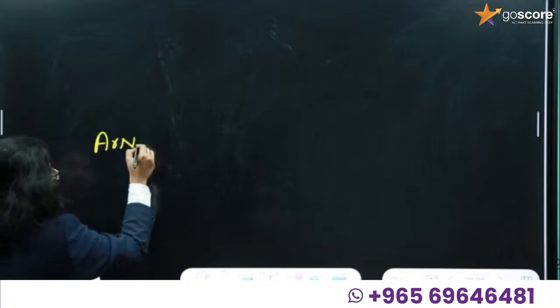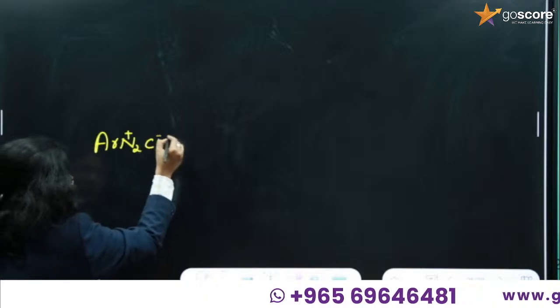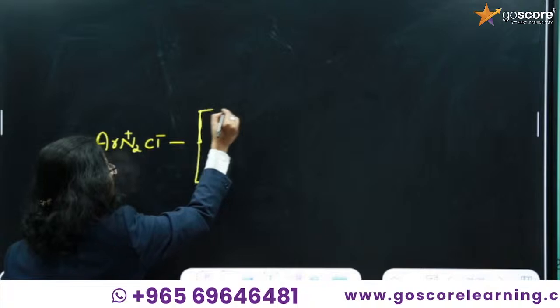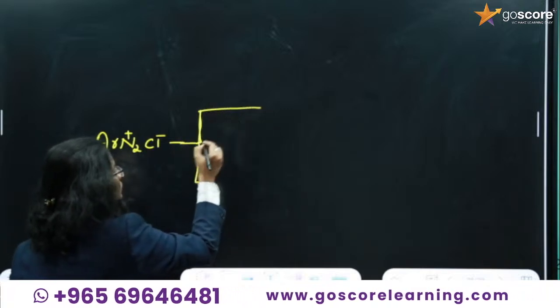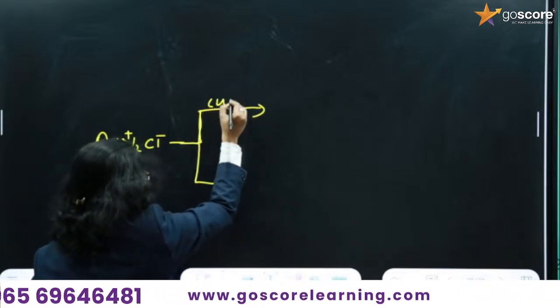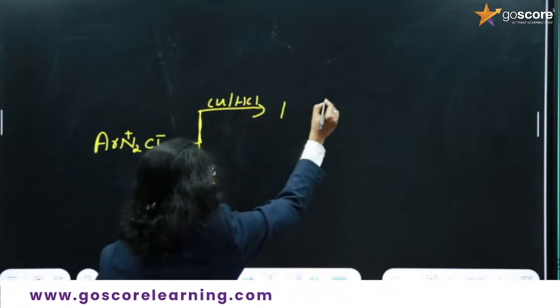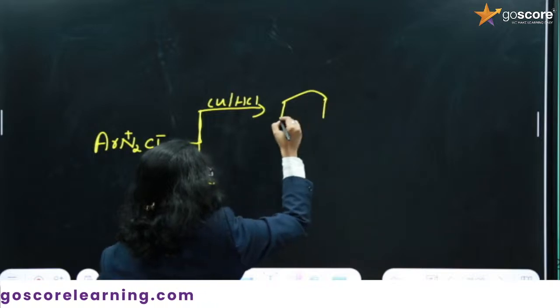That is ArN2 plus Cl minus in presence of copper powder and halogen acid, you will get chlorobenzene.